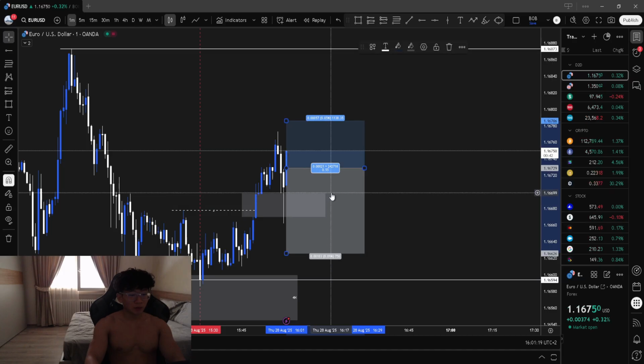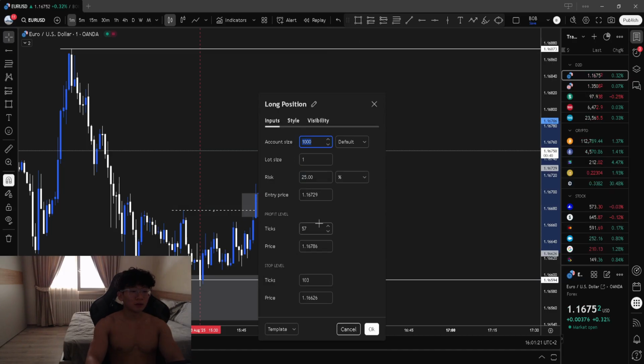into this trade. Our entry is 743. Oh my god.